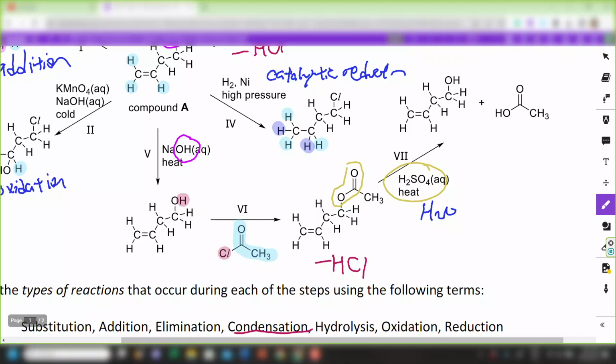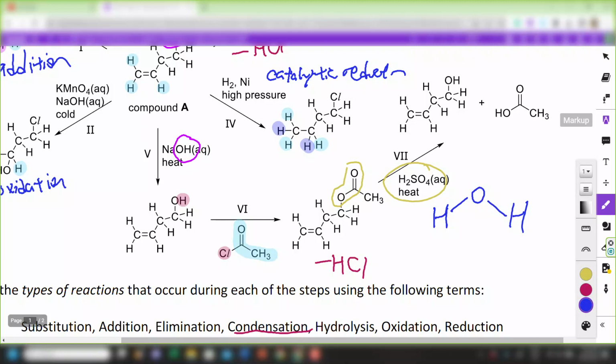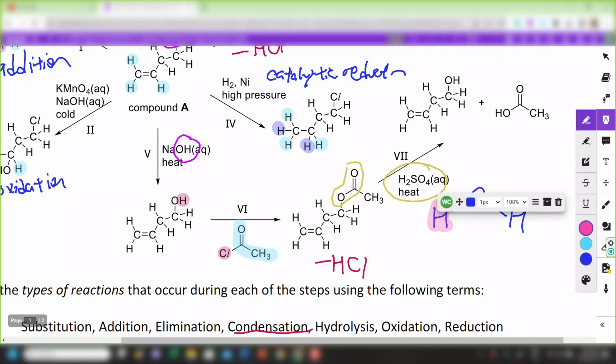So you can view it that after the reaction, I'm just going to draw out the water molecule more nicely. Water is like this. I'm going to highlight the water molecule in pink. This is the H, and you notice that the H can be found here and the OH can be found here.